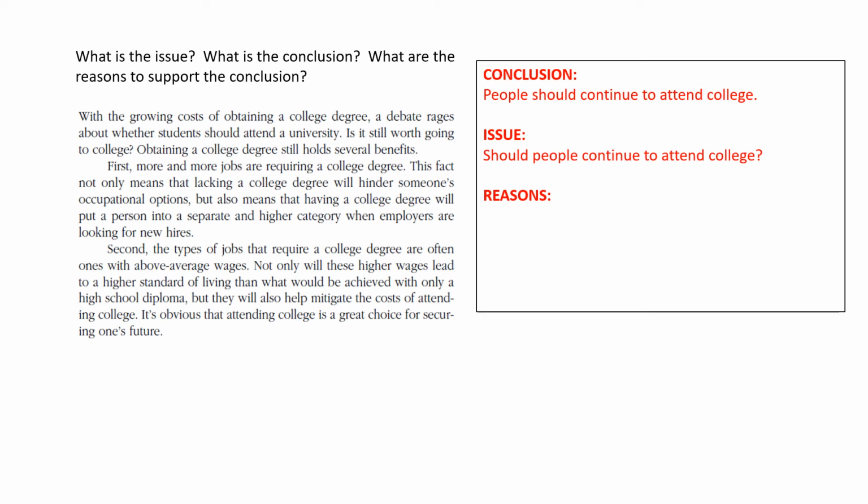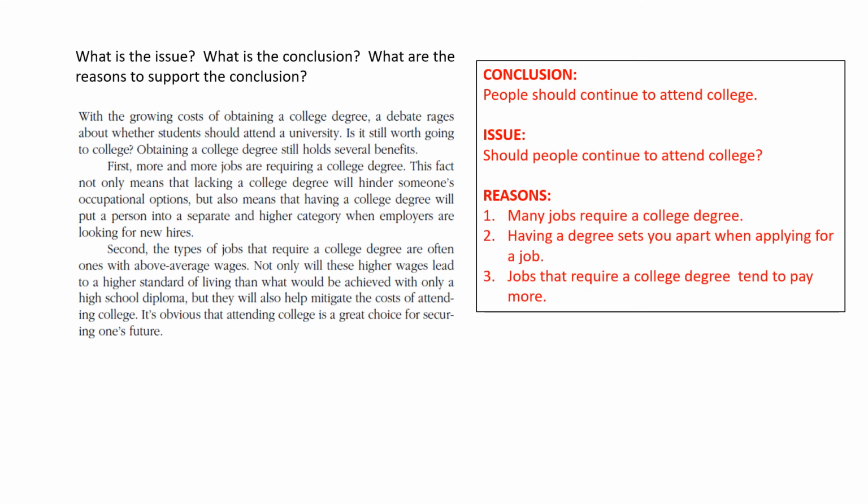Now, this author writes in a way that is very friendly for readers because the author uses signal words, okay? You'll notice that in the second paragraph, the author uses first, and then in the last paragraph, the author uses second. Those are signal words to indicate some of the reasons the author is using to support his or her conclusion.